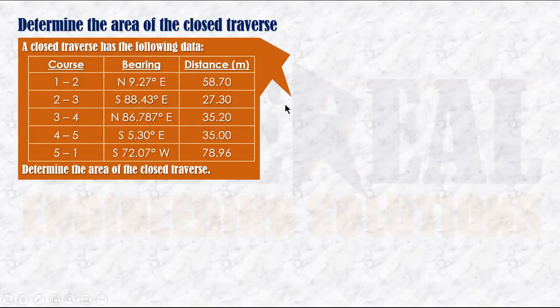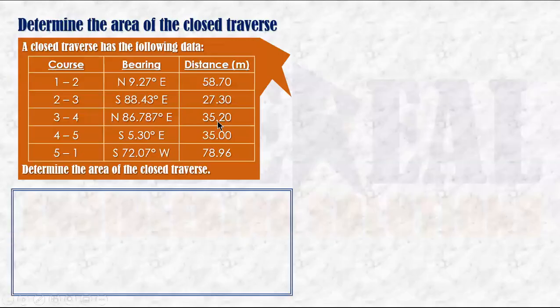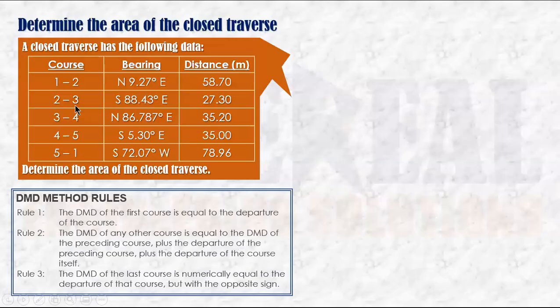Well, what is the conventional way? We learned it in undergrad that to calculate the area of a closed traverse, we use either the DMD or the DPD method. This is the DMD method. It has rules. The first rule is the DMD of the first course is equal to the departure of the course. The second rule is the DMD of any other course is equal to the DMD of the preceding course plus the departure of the preceding course plus the departure of the course itself.